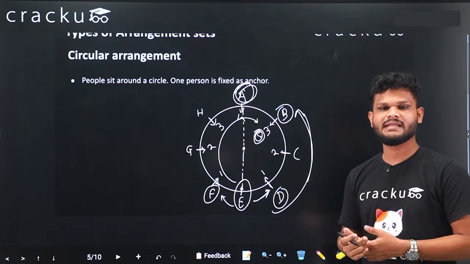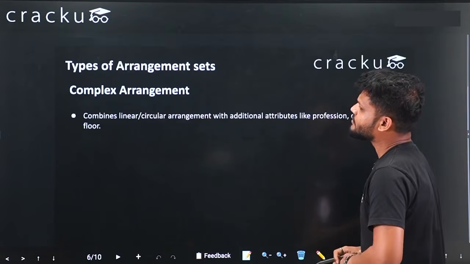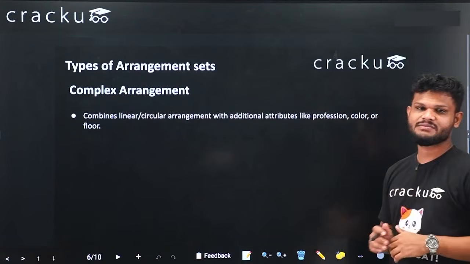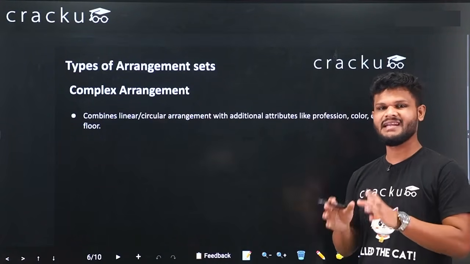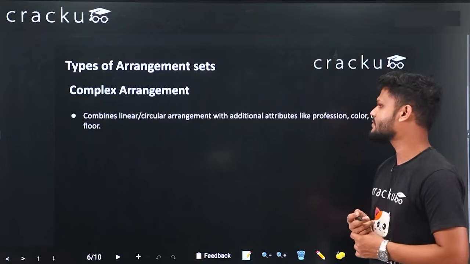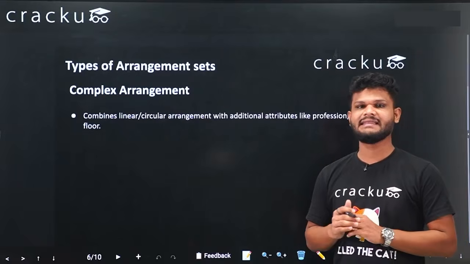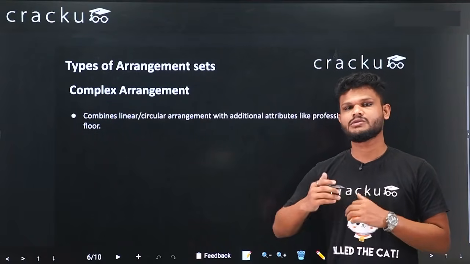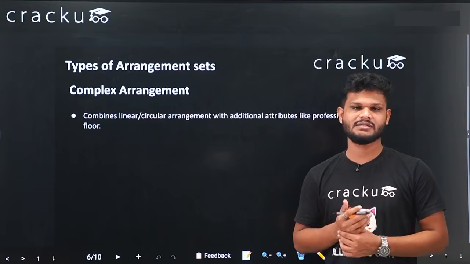Now let us look at the next arrangement type, which is a complex arrangement. So what actually is a complex arrangement? Complex arrangement is nothing. It is just a combination when linear arrangement or circular arrangement are coupled with some attributes. For example, I can say there are 5 people and they like 5 different subjects. So now my clues not only will be based on people, they will be based on the subjects also.